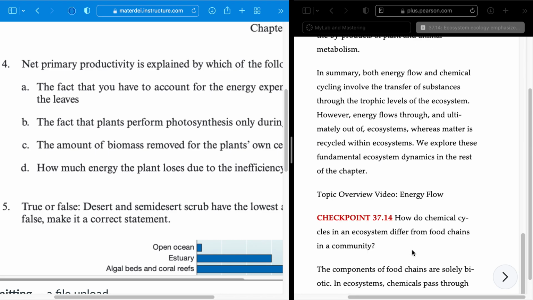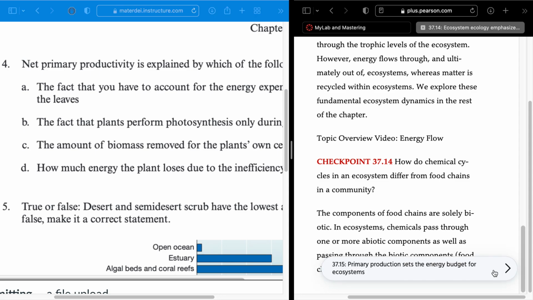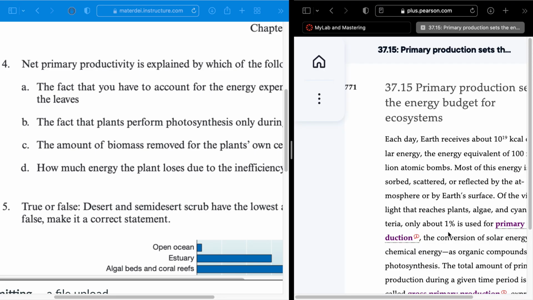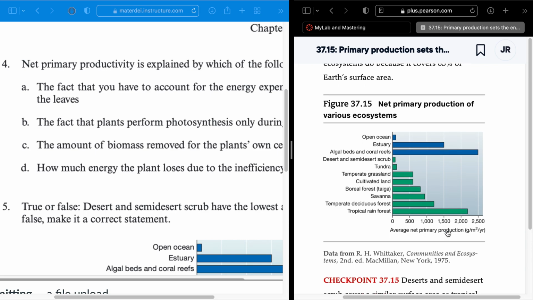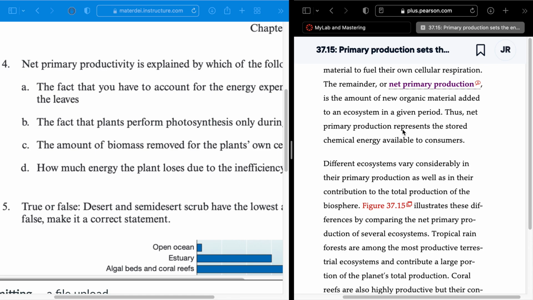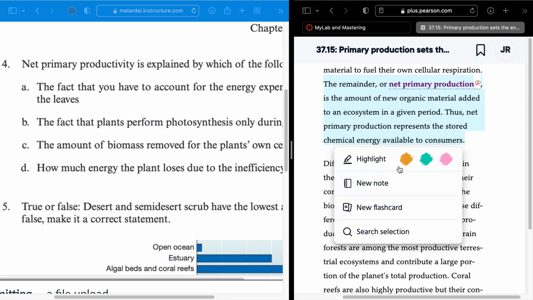Next page, 15. And I'll highlight this key term right there.